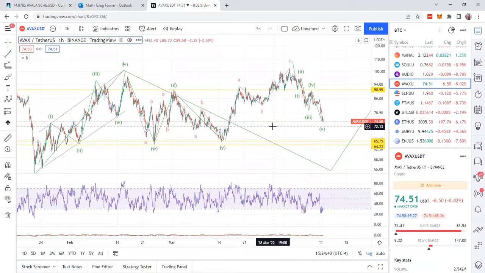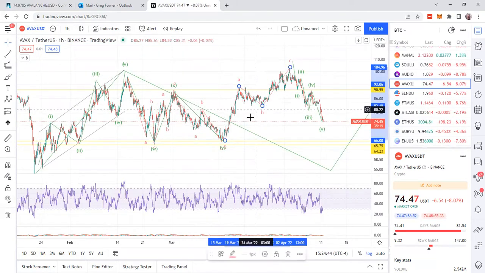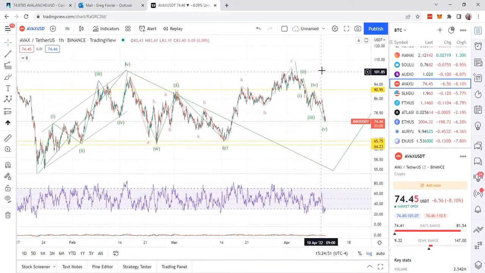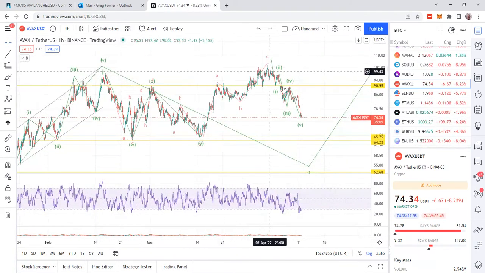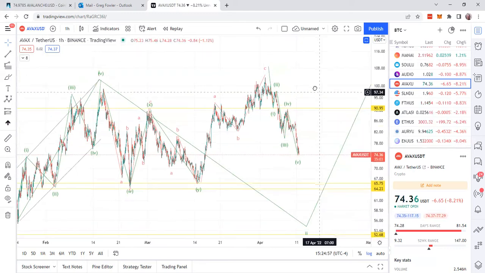You can't do that. So it's got to be some sort of ABC. So it went up. Here's the third. That's an A, down for B, and a C. So now it's going to have a W, X, and it's going to go down for a Y.